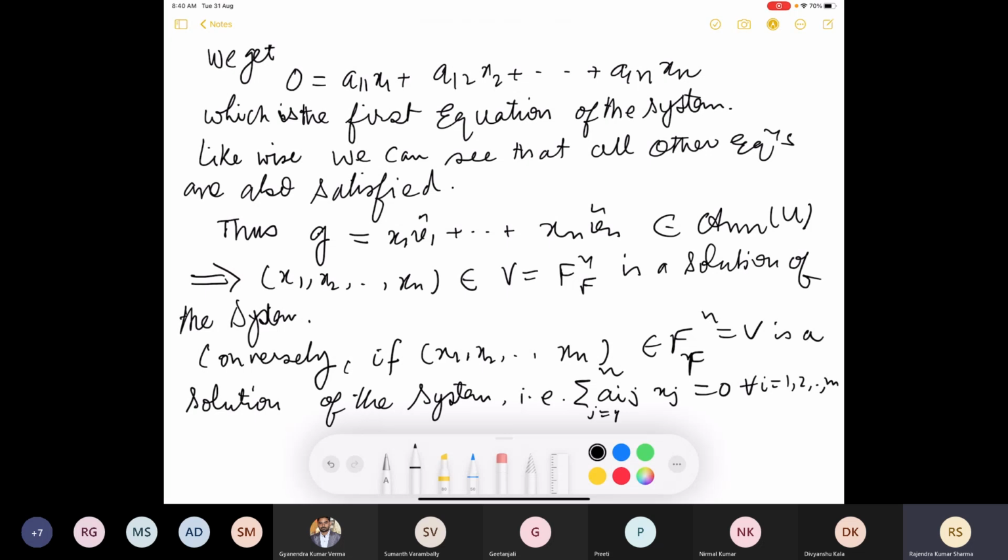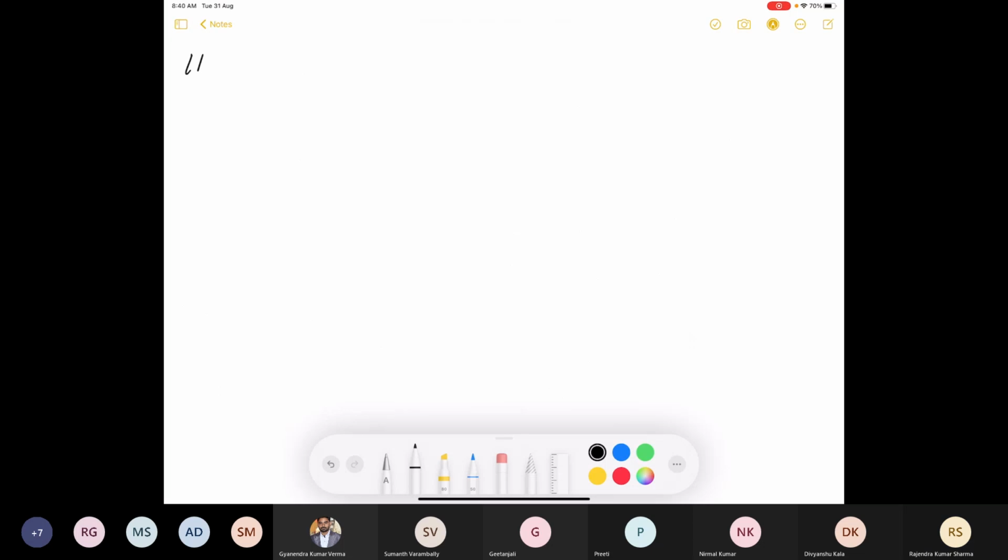So conversely, suppose these n-tuples are of the form in V such that each equation is satisfied. Then what happens to the corresponding G? Let us take G to be x1 v1 hat plus x2 v2 hat up to xn vn hat.